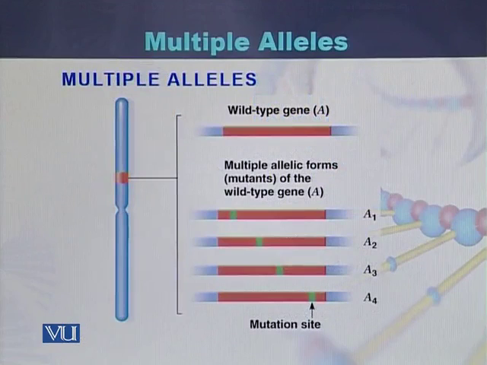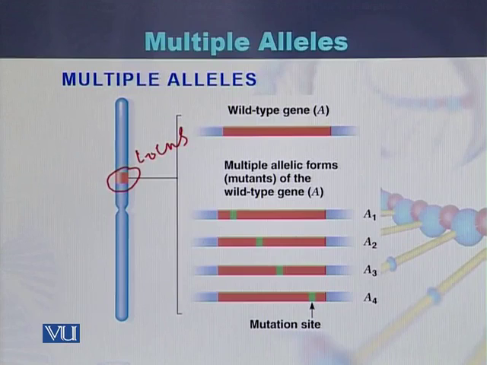If we try to understand the concept of multiple alleles through this diagram, we can see the structure of a chromosome, and on the chromosome there is the position of a gene, which is called the locus of that gene. This is the locus where a gene is located.